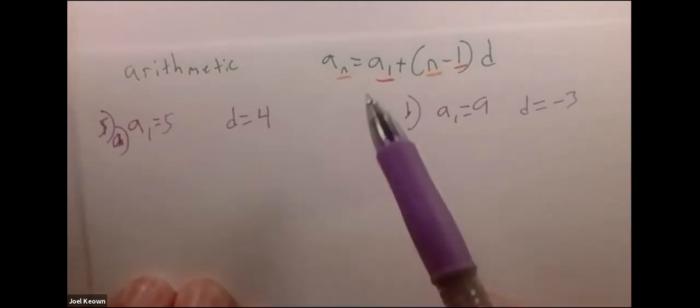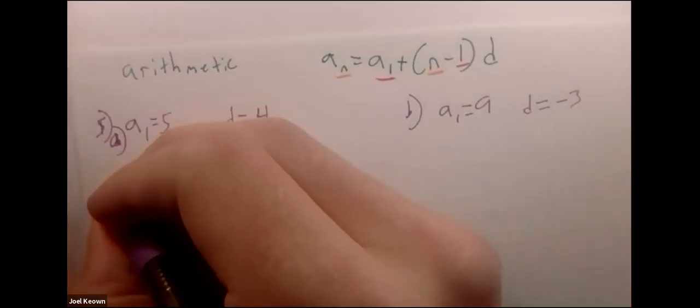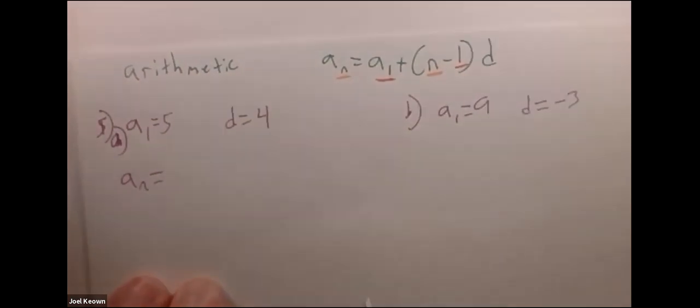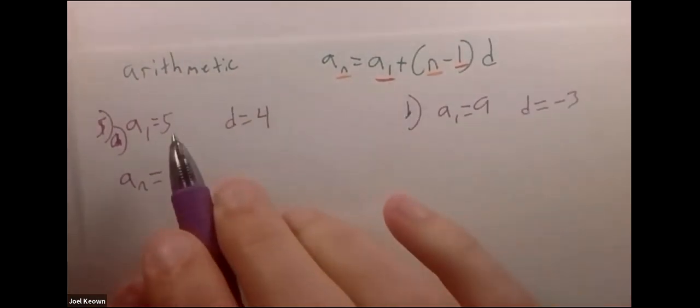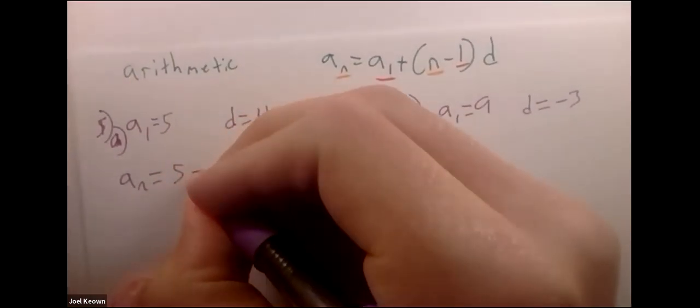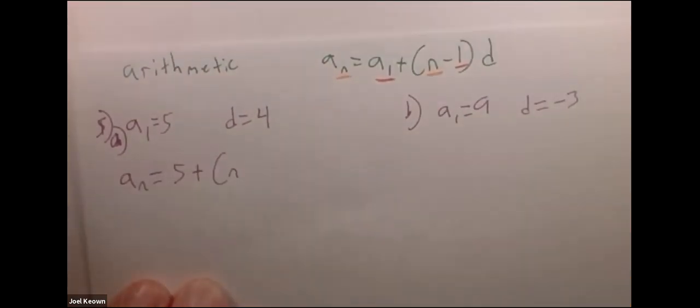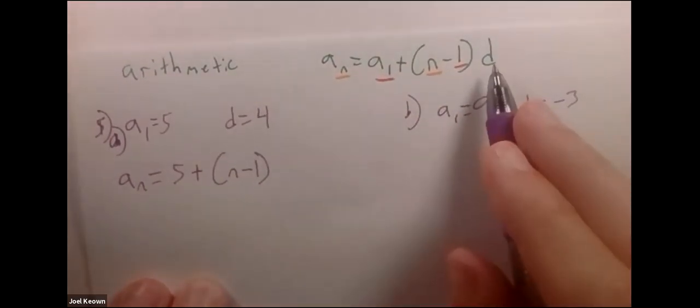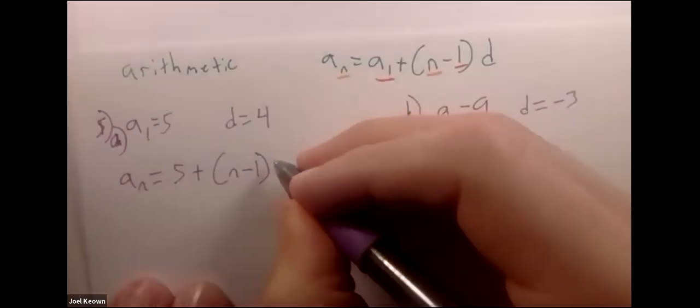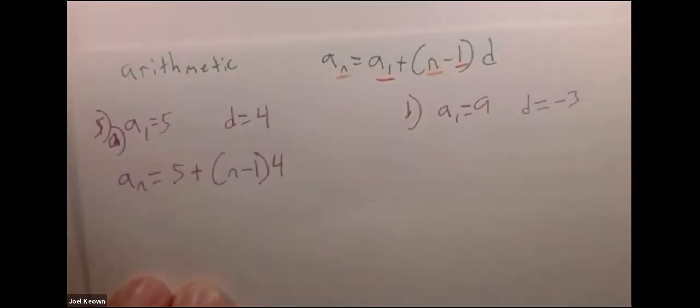So I'm just going to plug into this. A sub n equals first term is 5, plus n, which is my variable, so it stays in, minus 1 times my common difference, d, which is 4.